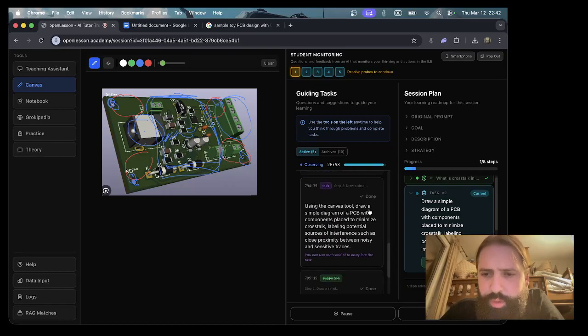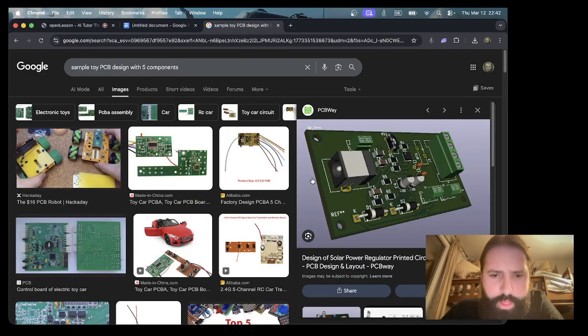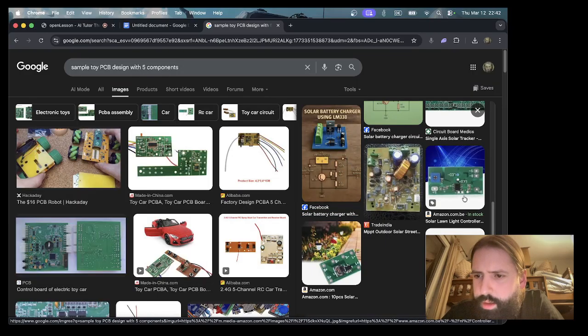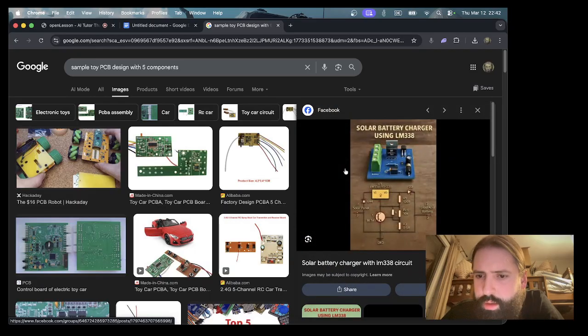So using a canvas tool, draw a simple diagram of a PCB with components placed to minimize crosstalk, labeling potential sources of interference. Let's go with something like the solar panel.